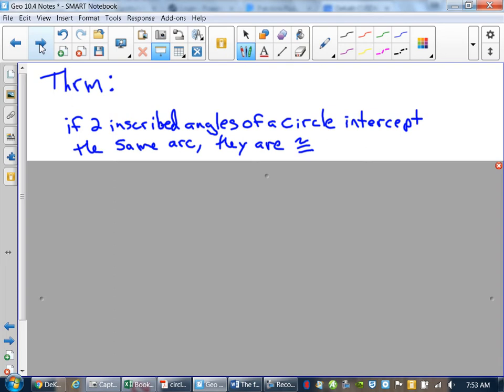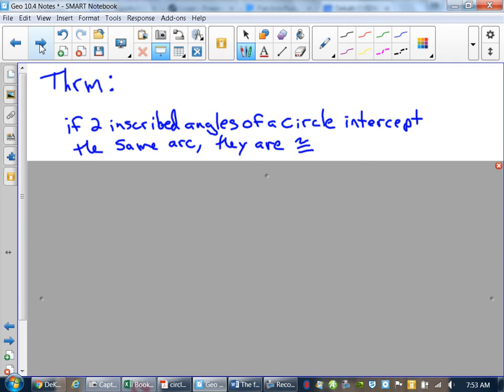This is actually really easy to think about here. Two inscribed angles of a circle that intercept the same arc have to be congruent. If you think about it, if you have 2 angles that intercept the exact same arc, in this example on the board I have one at 88 degrees, that means this has to be 44. If I draw another angle that intercepts the exact same arc, what does that have to be? 44.